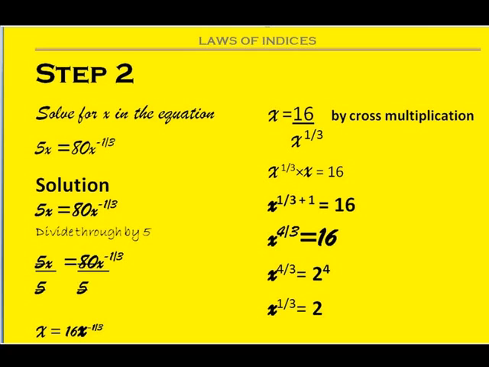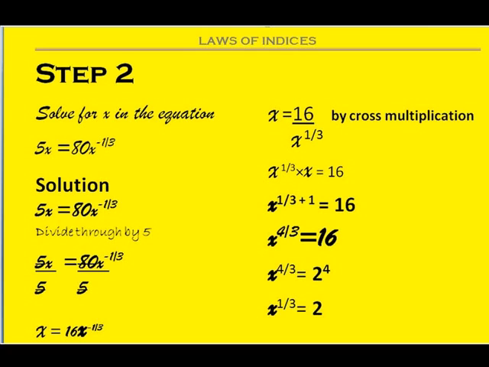In step 2, we're looking for x. The first thing to do is to divide through by 5. That way, we have x equals 16x raised to the power minus 1 over 3.